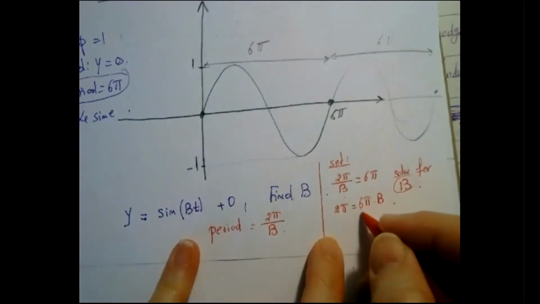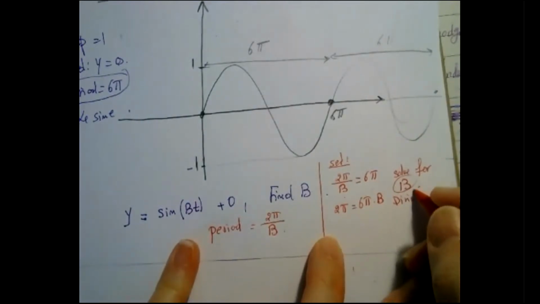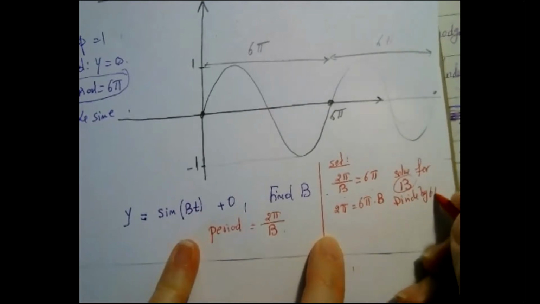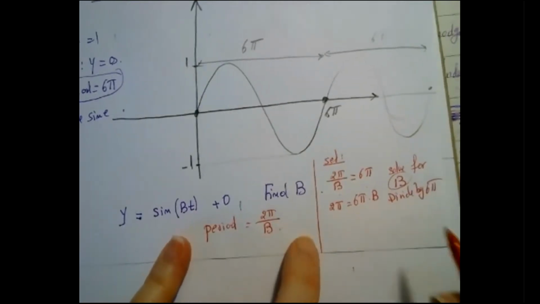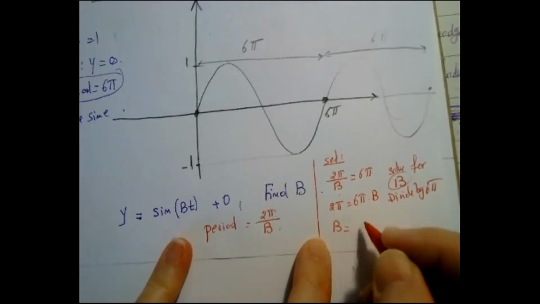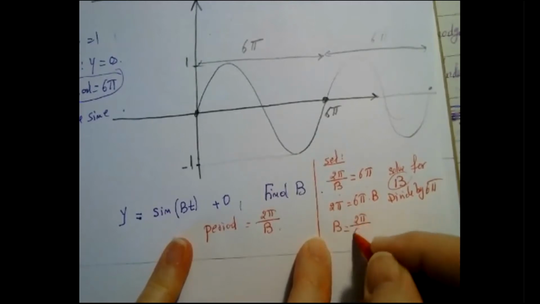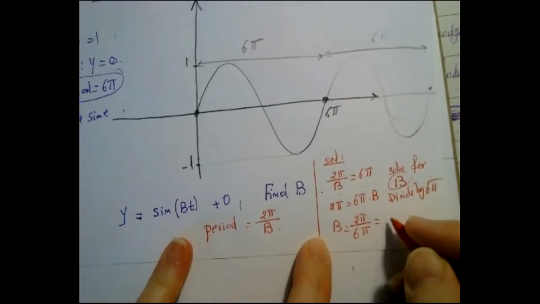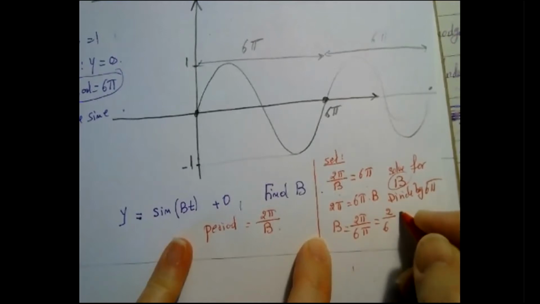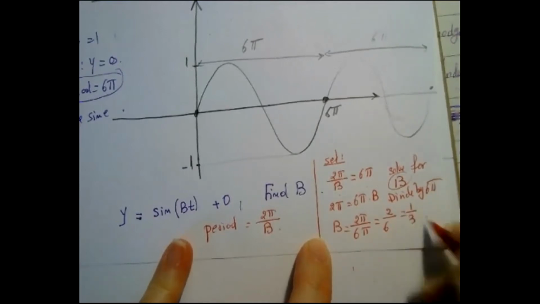And then to get b, I need to divide by 6 pi. This is going to give me b equals 2 pi over 6 pi. It means 2 over 6, which is 1/3.